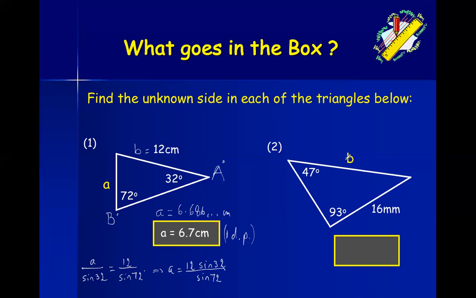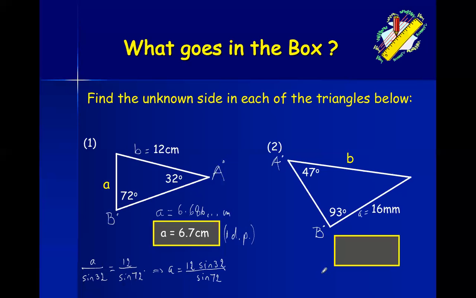In this case we've been asked to find small b, so capital B is the angle opposite to it. That's my angle. You can call that A as well if you want, to be honest. I usually use A and B to make my life easier.